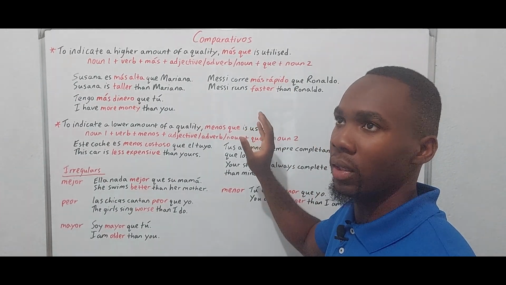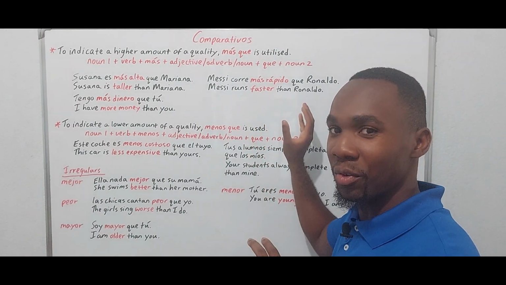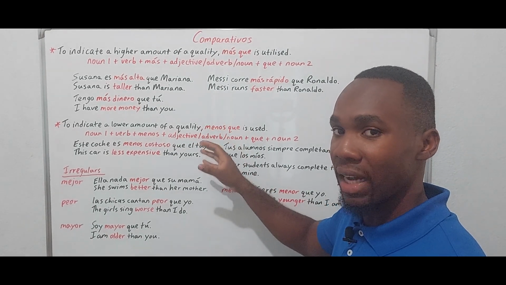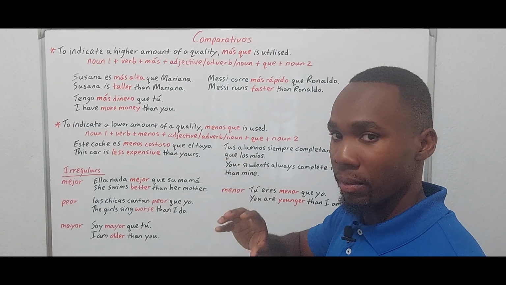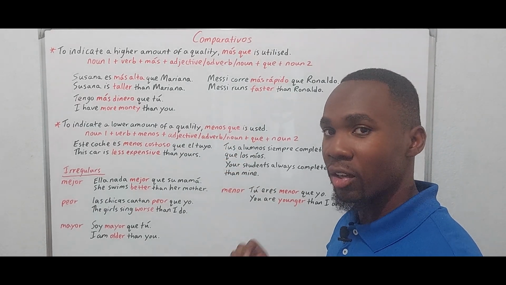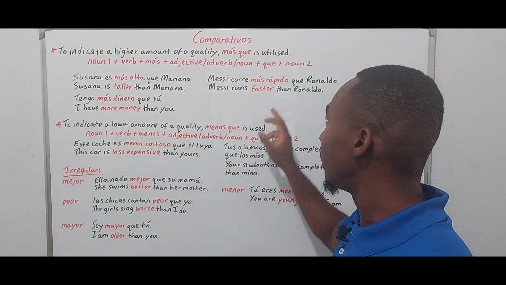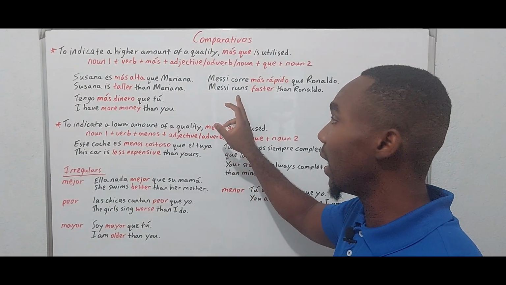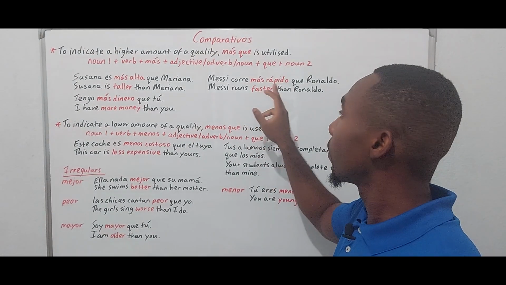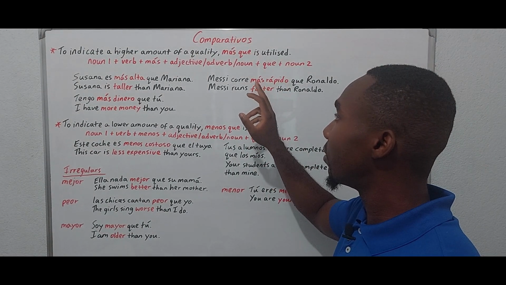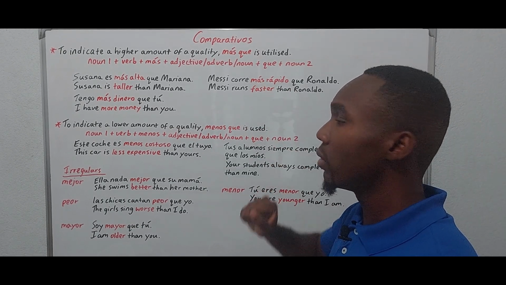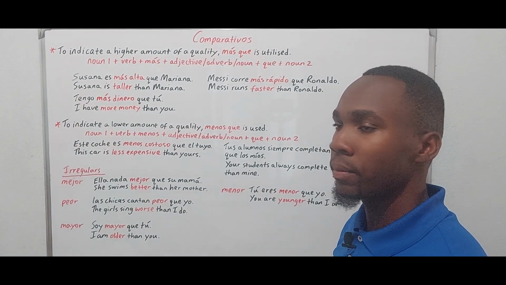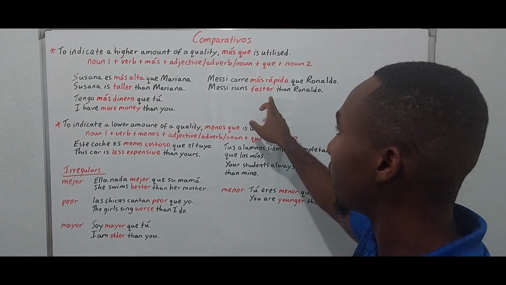Usually it would end in O, which would also happen to be the singular masculine adjective equivalent. But because we're not talking about adjectives, we just say that the form remains. It does not change to agree with any person, okay? So we have más rápido. That is an adverb indicating faster, right? So this is an example of an adverb.